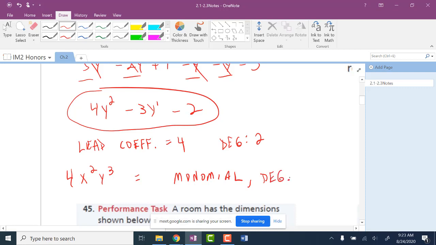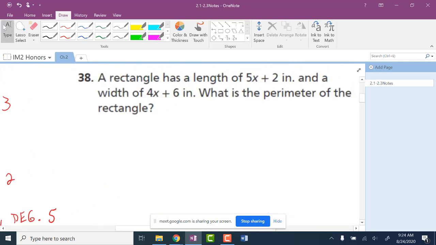I remember messing with your virtual book, and one of the examples from section 2.1 goes through this. Since this is a monomial with multiple variables, the degree is actually the sum of those powers. So just make sure you understand that. That's kind of a complicated one. In a regular one-variable polynomial, the degree is just the highest power in all of that. So just be aware of that as we move forward.